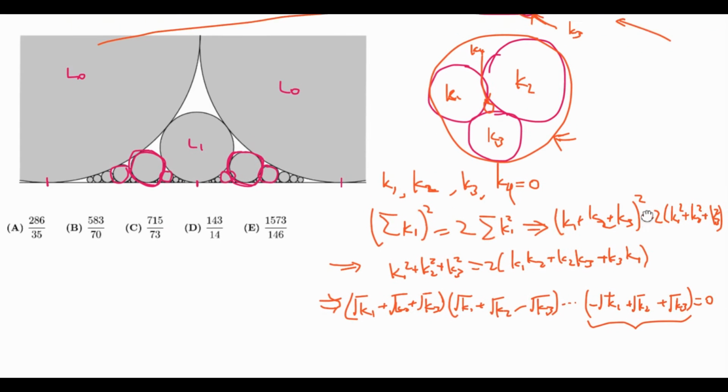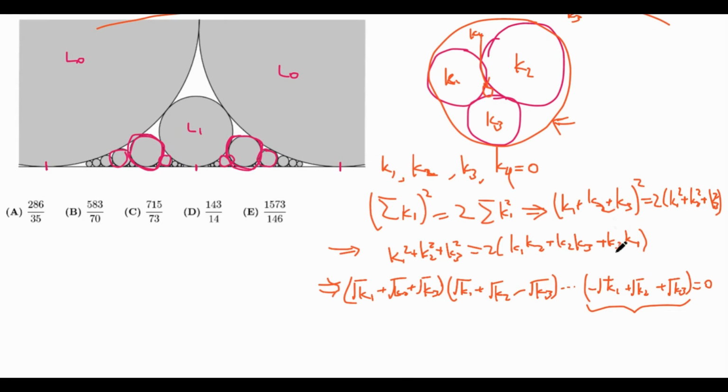However, if this bracketed term is 0, then that means square root of k3 is equal to square root of k1 minus square root of k2, which means that square root of k1 is greater than square root of k3, which is bad because we know that k3 is greater than k1.